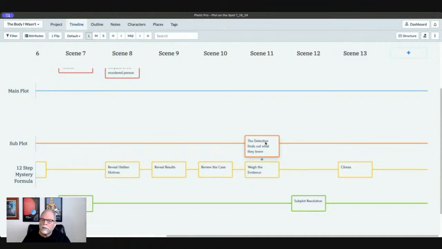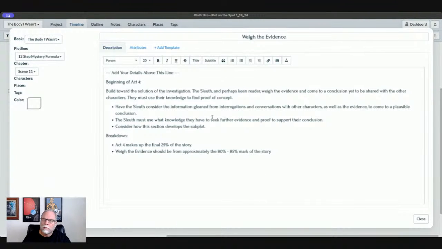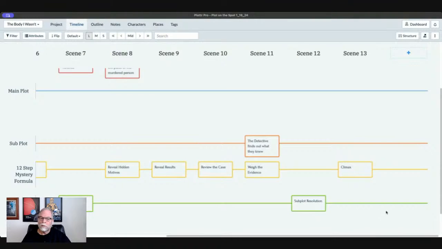This is going to be where he weighs the evidence and determines what actually happened. Okay. So we're going to build towards the resolution of the investigation because the detective is going to find out that they knew. Now, what that means is at this point, he probably already knows that the victim was a serial killer. He probably found that out at some point earlier in the story.